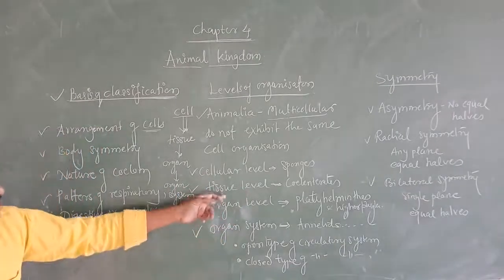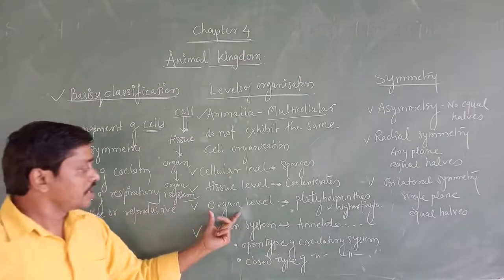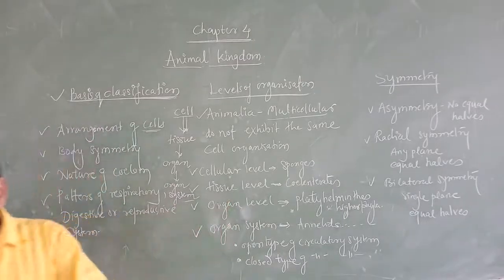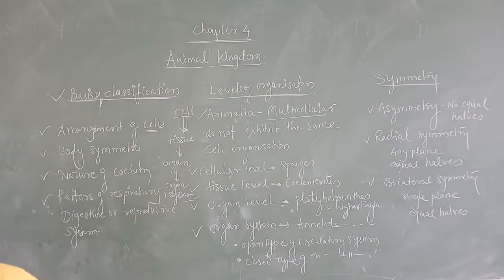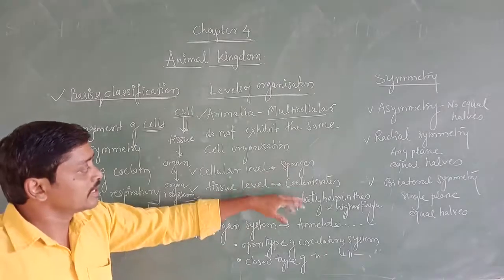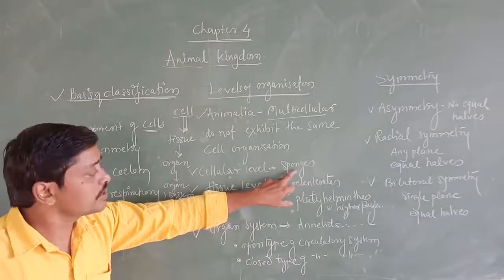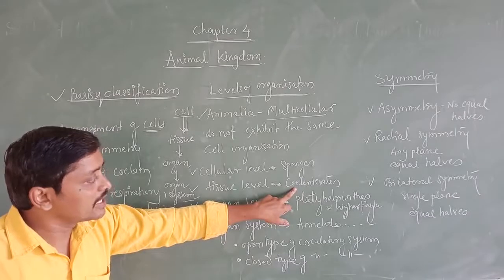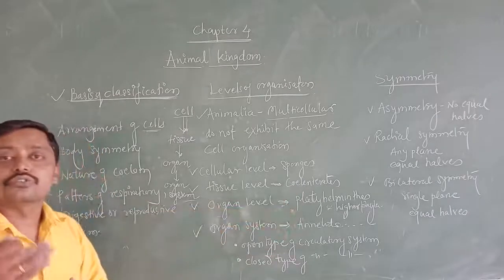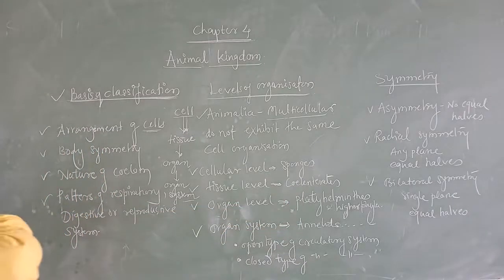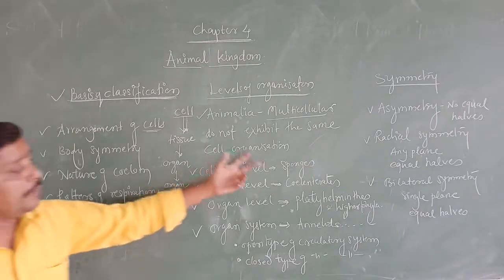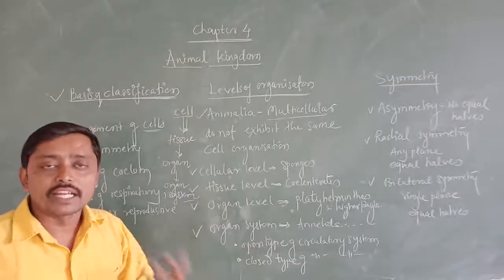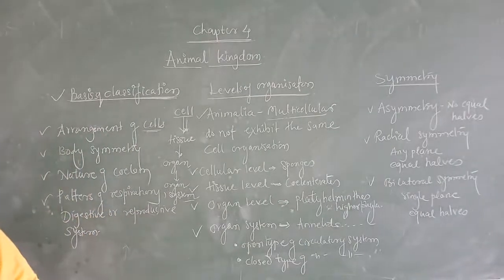Understood? Next, what we are going to study is the organ level of organization, in still higher organisms. In the sense, we studied sponges, which come under the phylum Porifera. After that we studied the Coelenterata. Then come the Platyhelminthes, Aschelminthes, Annelida, Arthropoda.